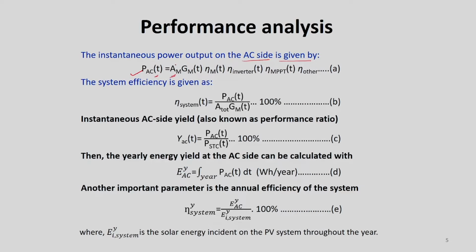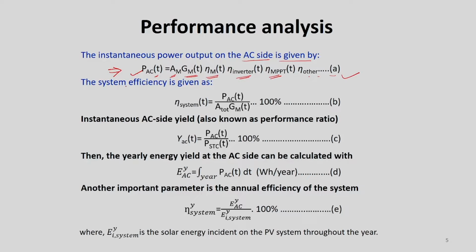A_M is the area of the panel, G_M is the intensity of solar radiation, eta_M is the module efficiency, then we have inverter efficiency, eta_inverter, then MPPT efficiency, and many more component efficiencies need to be considered. This expression is for instantaneous. At any moment we can calculate P_AC of a grid connected PV system.